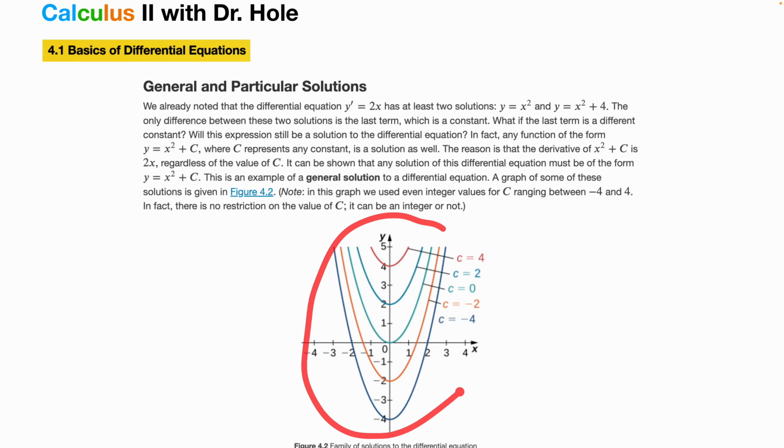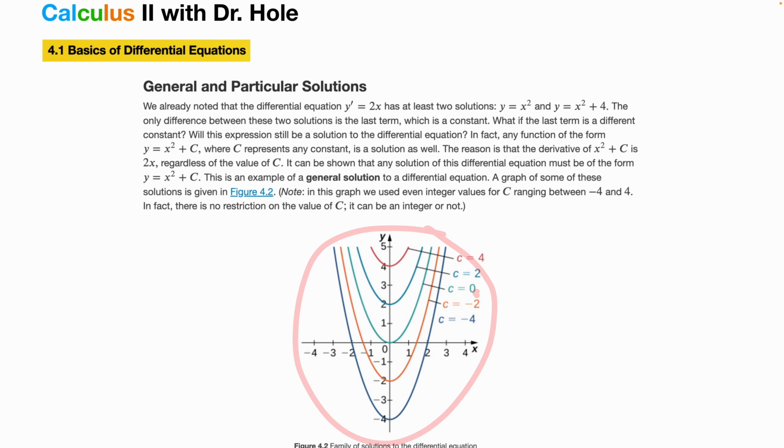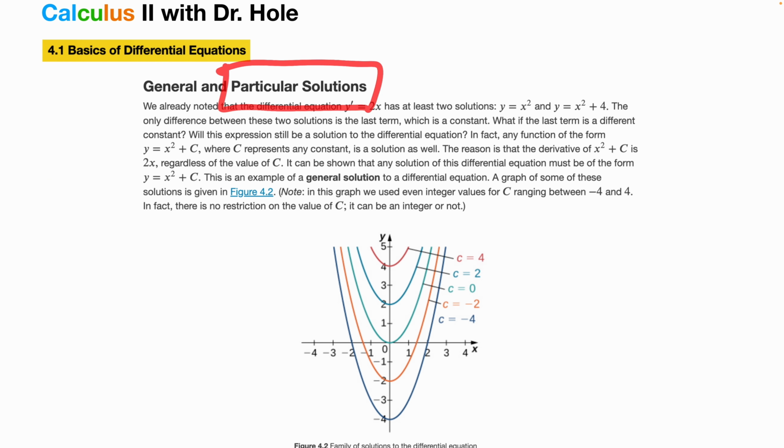So all of these here, parabolas with different values for c, different constants added on, solve some given differential equation. They all solve a differential equation. This is a family of solutions. Each one is a general solution. Each one takes the form of y squared plus constant. Now, if you were to pick any one of these c values, you would then have identified a particular solution.